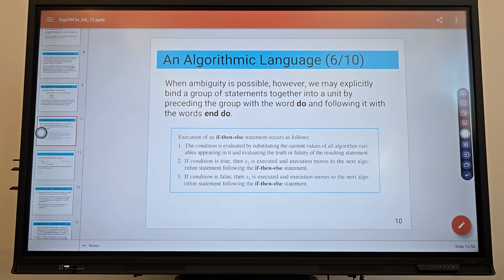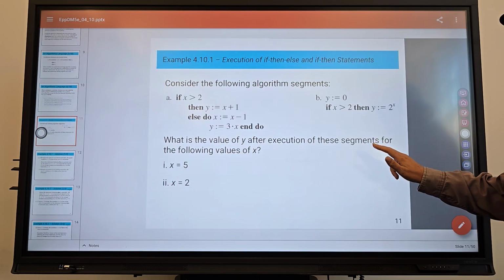So, the execution of an if-then-else statement occurs like so. You've all had CS1 and 2, I believe, so you should know how if statements work.